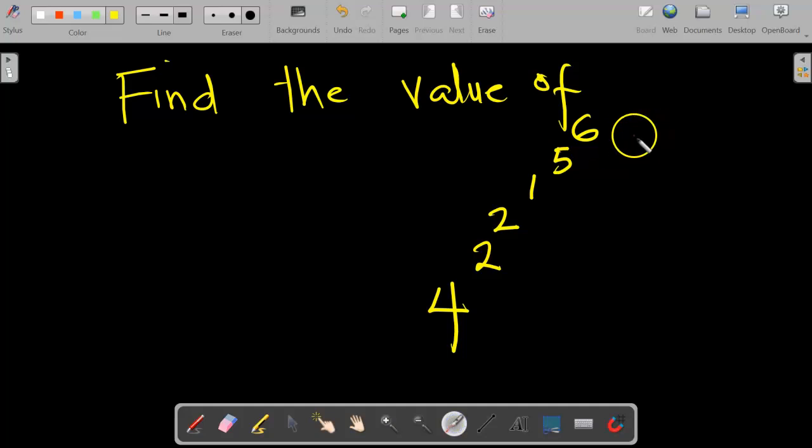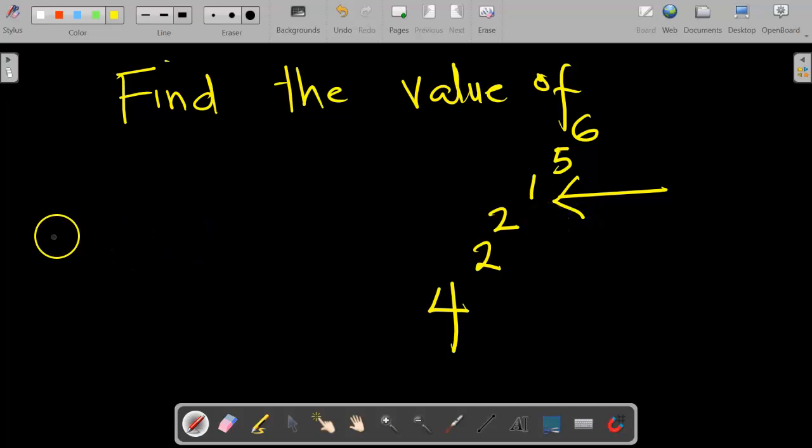So we are going to be looking at it from this top to this down. Now, when you look at it, something should call your attention. This one here should call your attention.